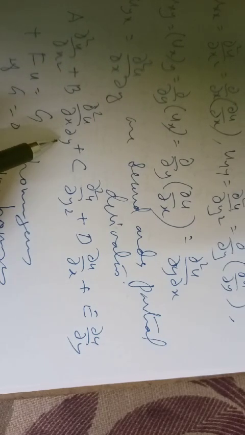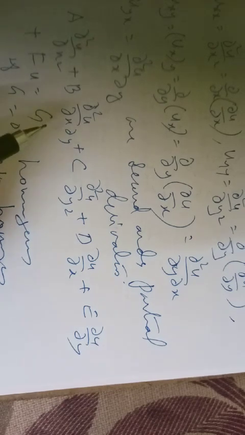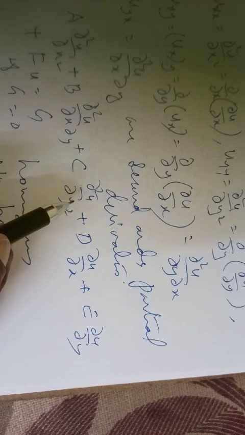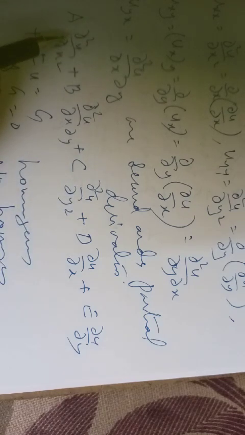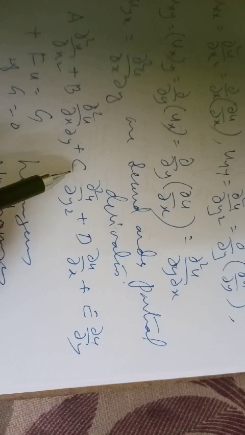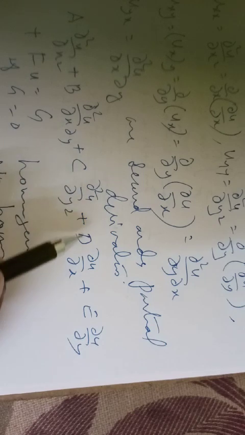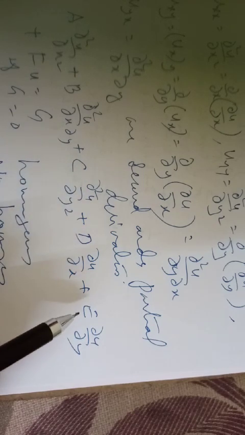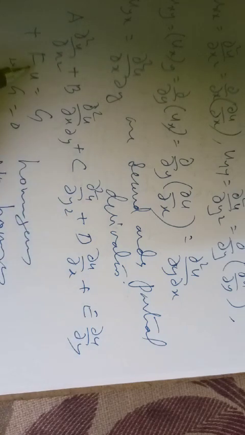This type of equation is a partial differential equation because it involves partial derivatives. And the order of terms is: first uxx, then uxy or uyx, third is uyy, fourth is ux, fifth is uy, and then u equal to g.